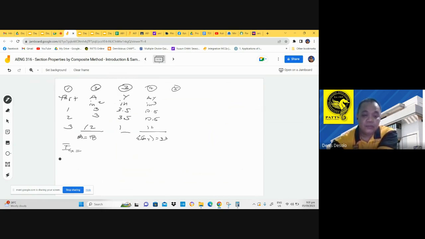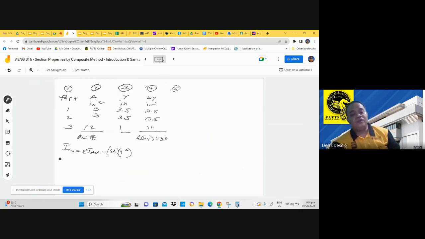So it's Ixx minus the area times y bar squared. So in composite, this becomes the summation of the Ixx, and this becomes the summation of the area and the y bar squared.